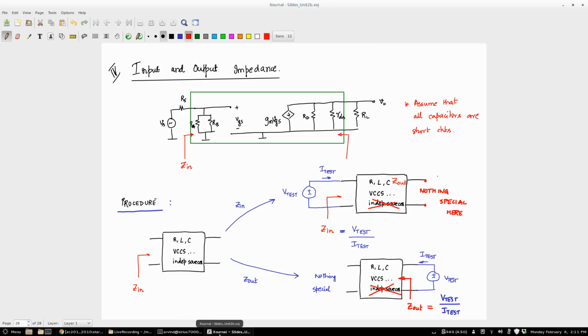So what I will ask you to do is basically do that and find out the input impedance and output impedance of this. Correct? Actually, you can look and tell me by inspection, but just work it out. Okay?